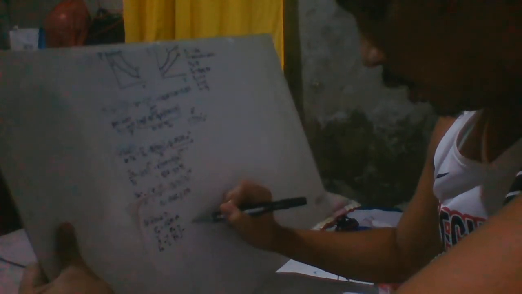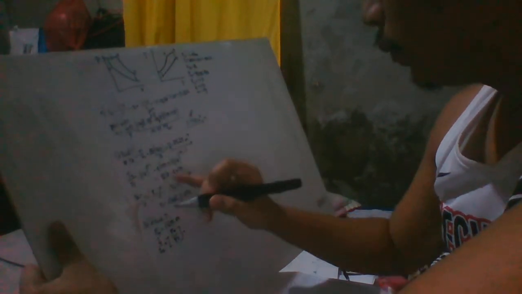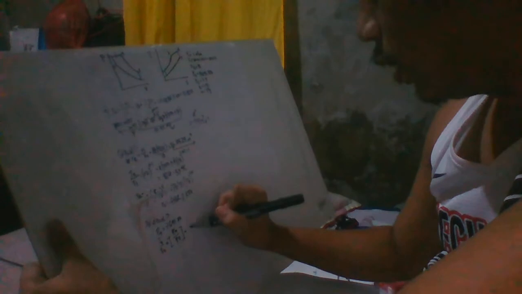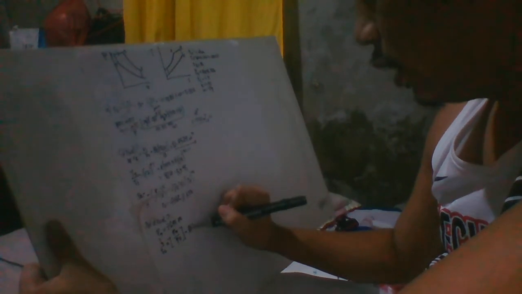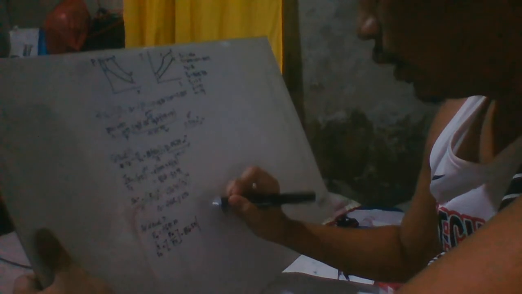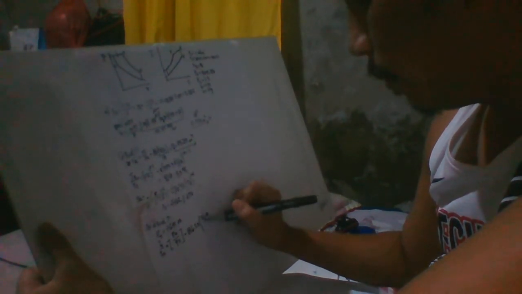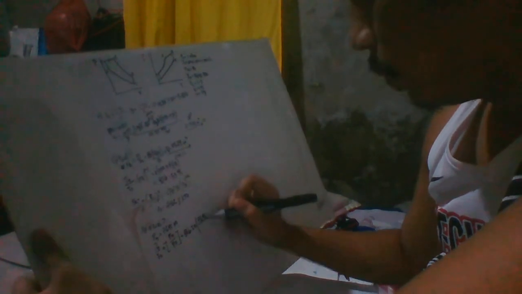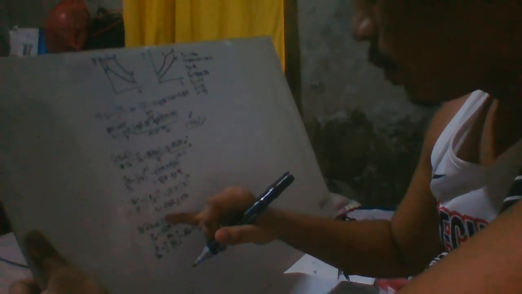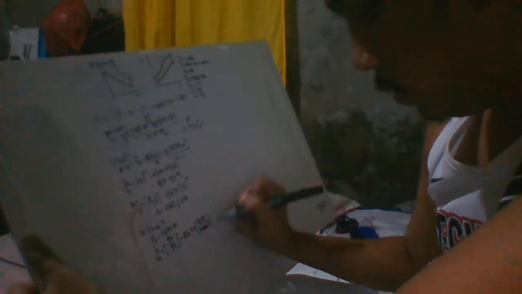Substituting T2, 816.53 times pressure 3, which is 7,695, over pressure 2, 4,468.11.